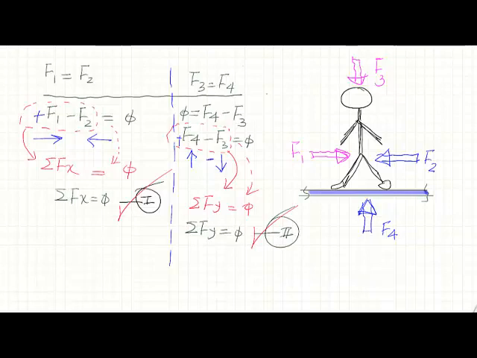Now for this person to stay in place, we'll also apply another type of action to it, and that is the moment. If there's a rotation, we're trying to rotate this person in this direction, and let's call this M1.